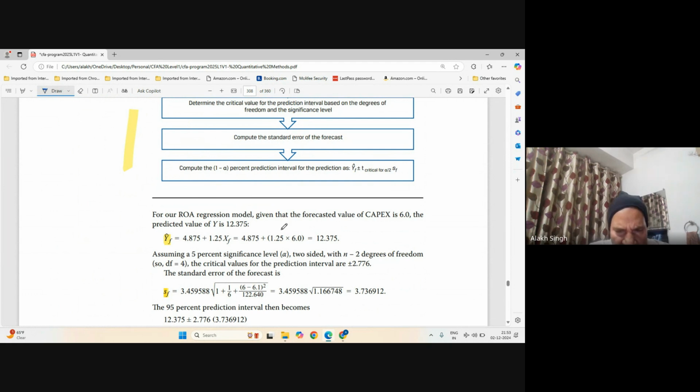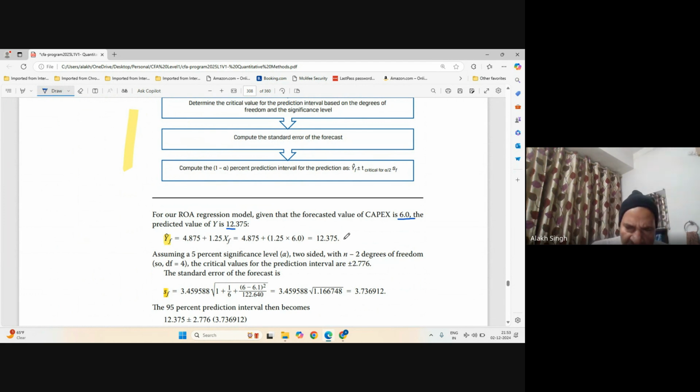So here is the example for the ROA regression model. Given the forecasted value of capex is 6, this is our x, and the predicted value comes this way. How? Because 4.87 is our B0 plus 1.25 times 6, and that gives us this value, YF. Now, this is the point prediction or point estimate.